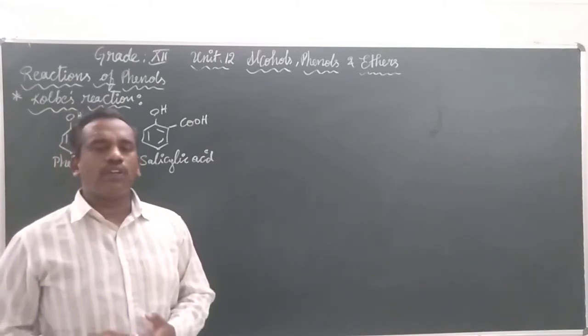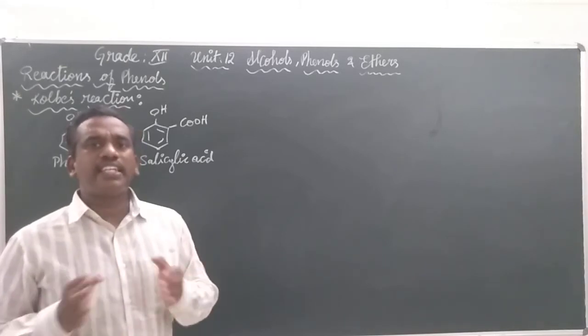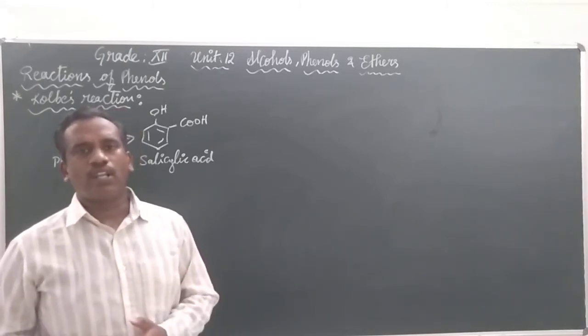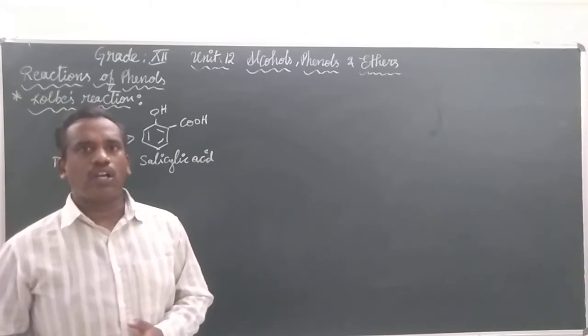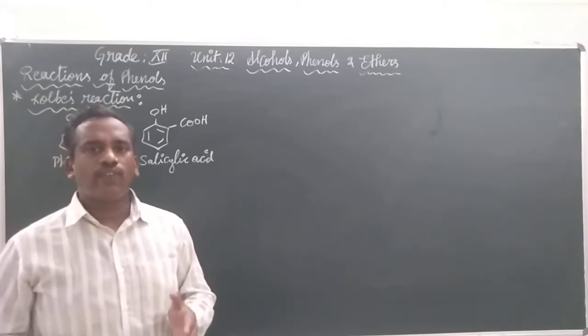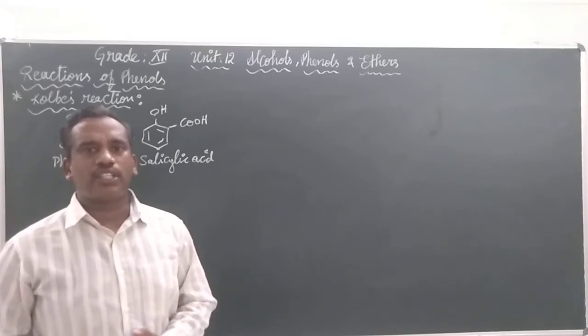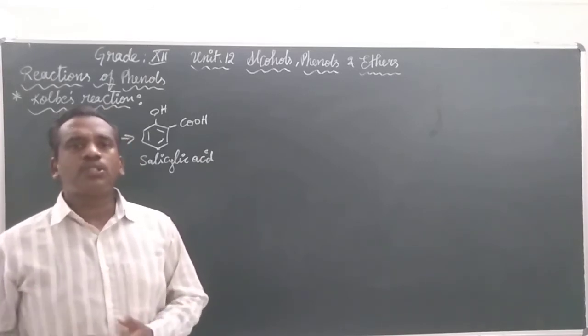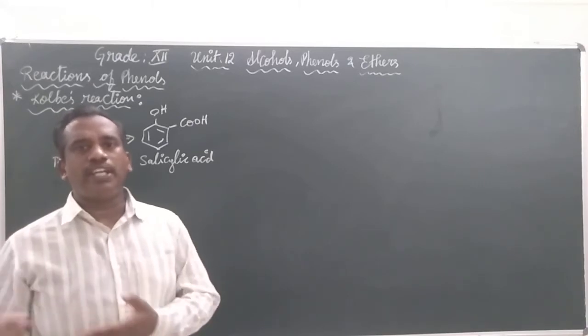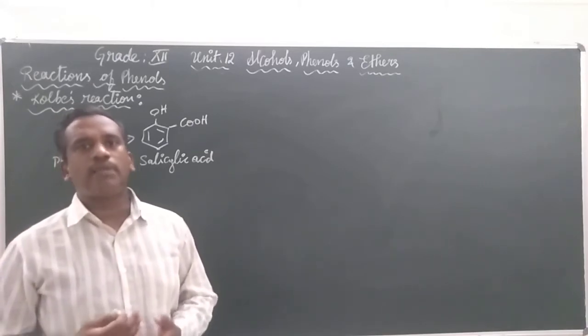These reagents will be used in a step-by-step process. We will first observe the basic equation, how to get salicylic acid from the phenol. That is used for the board examinations. But for objective purposes, at times we may need the mechanism also.